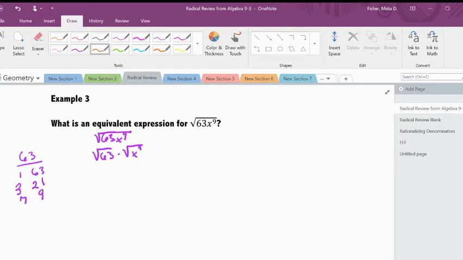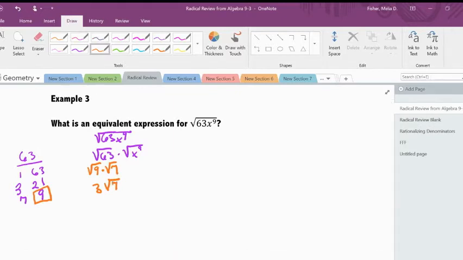Our biggest perfect square was 9. So we broke 63 into the square root of 9 times the square root of 7. And the square root of 9 was 3, and square root of 7 stays that way.